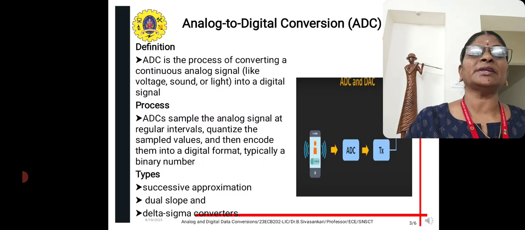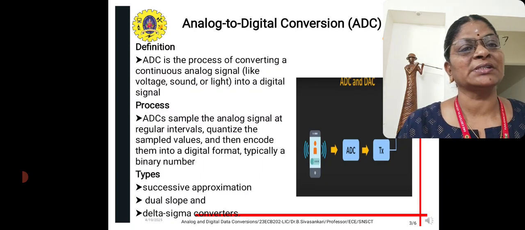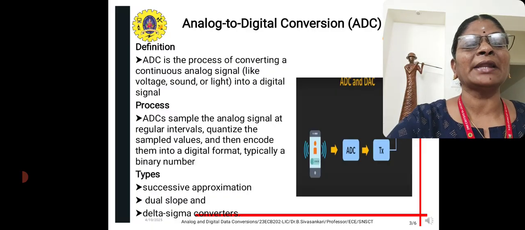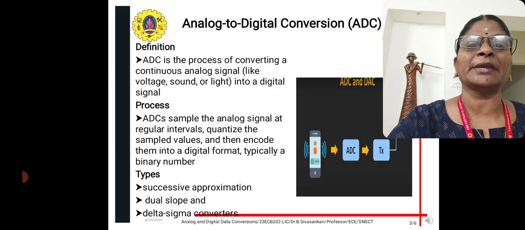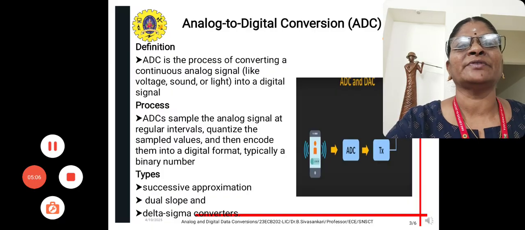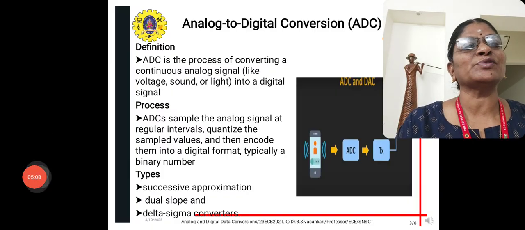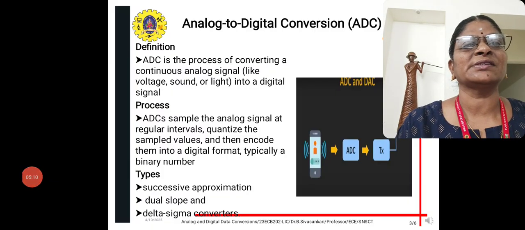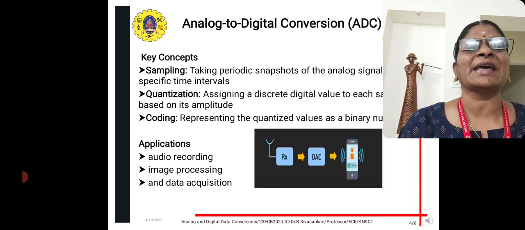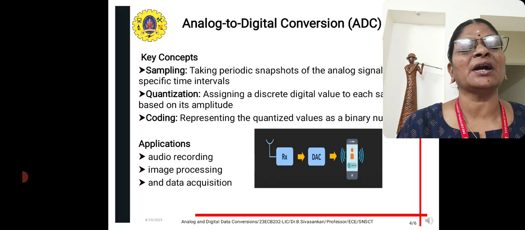Here we have three types of analog to digital converter. One is the successive approximation type, another is the dual slope type, and the last one is the delta sigma converter. These are the types of analog to digital conversion. The key concepts of analog to digital conversion are sampling, quantization and coding.